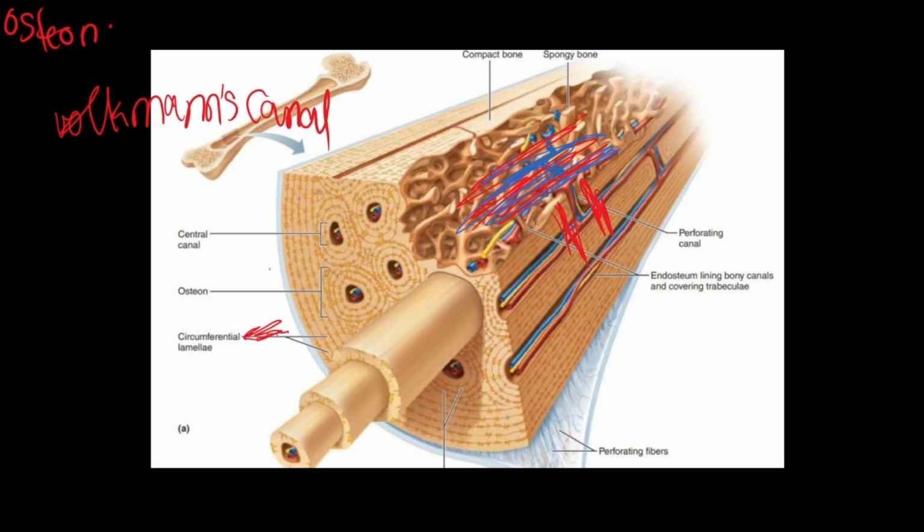So if we look clearly in this picture, we can see the periosteum here, and just deep to the periosteum we have all of these circumferential lamella. They do not essentially form a part of the osteon, okay, but of course they circumference the osteon.